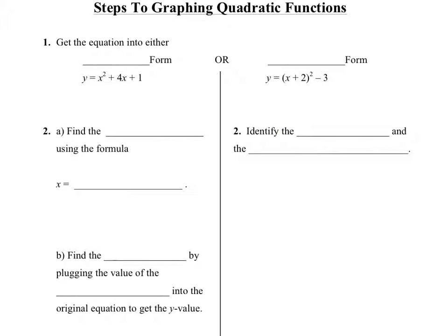So this lesson is going to walk you through steps for graphing in standard form, which is this first form, which looks like having the equation in y equals ax squared plus bx plus c form, or graphing if the equation is in what's called vertex form.